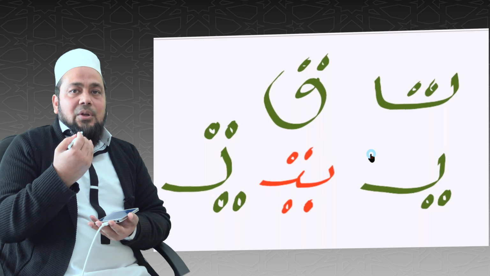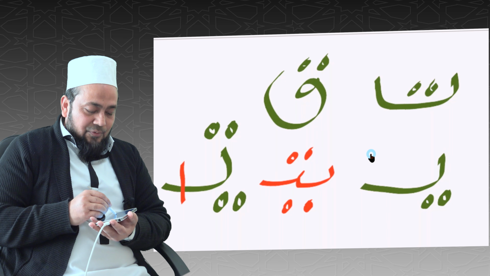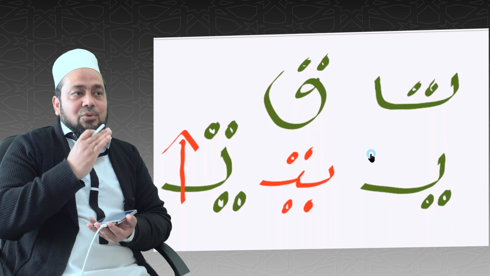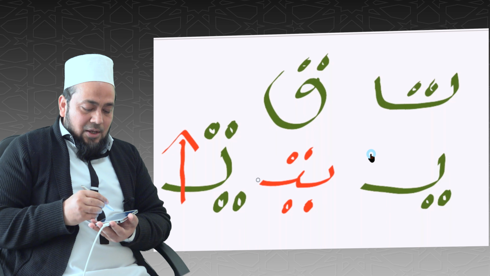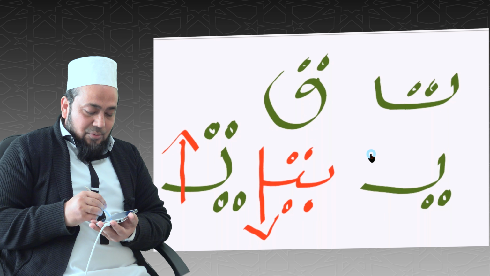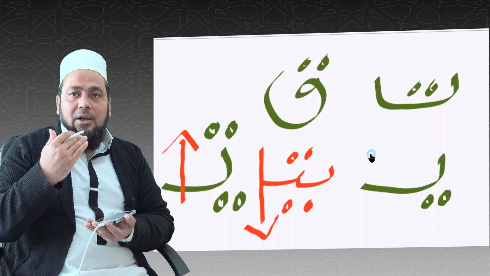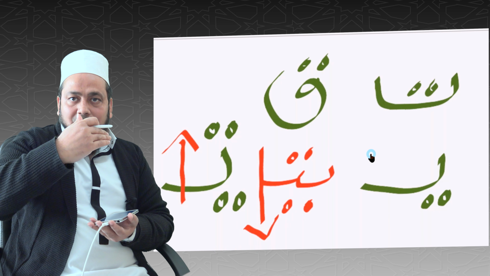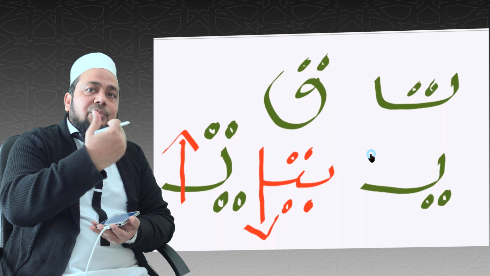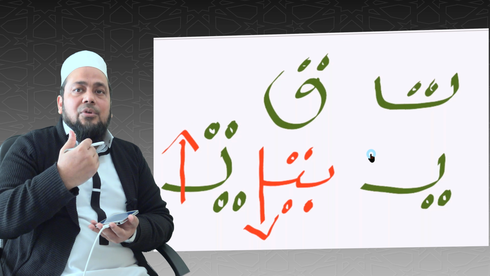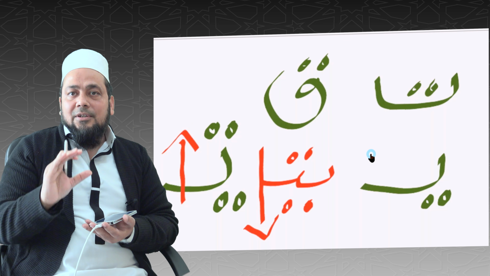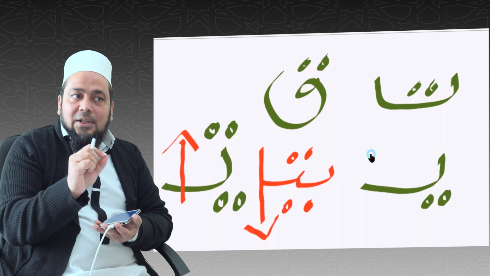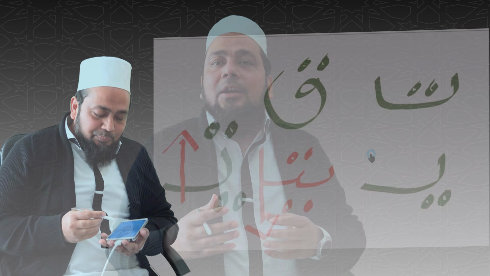When you see two dots on the top for Ta, and two dots on the bottom for Ya. So exactly same, only dots goes up for Ta, dot goes down for Ya. Very easy to understand if you can remember this small thing.